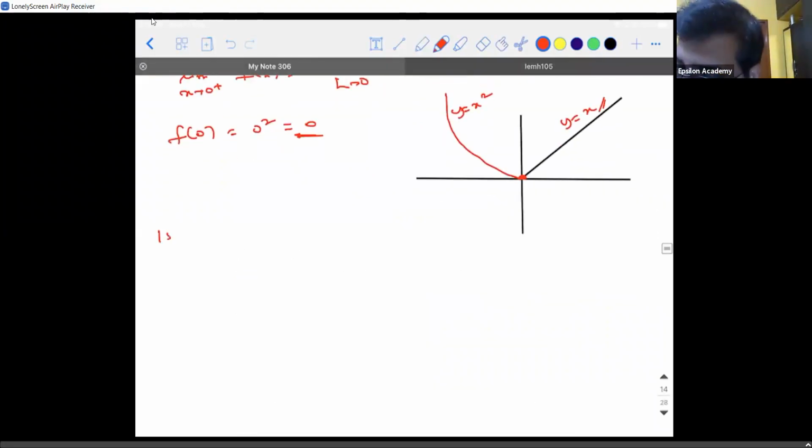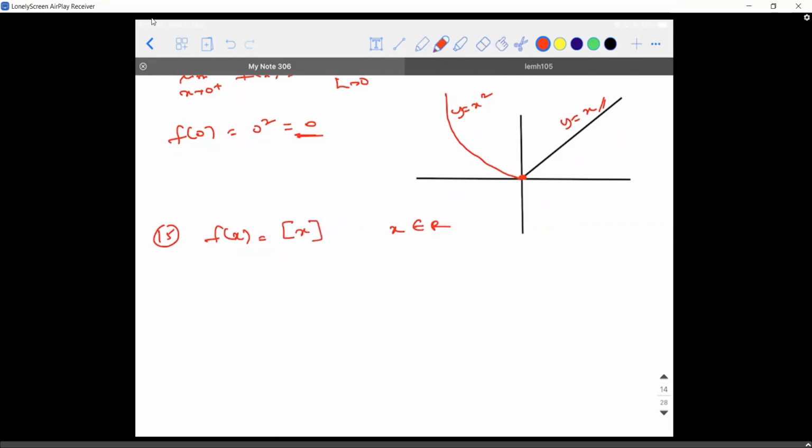So f of x is equal to greatest integer of x where x belongs to R. The domain is real numbers. You can substitute any real number that you want. But for a greatest integer function, what is the output value always? Some integer, an integer.